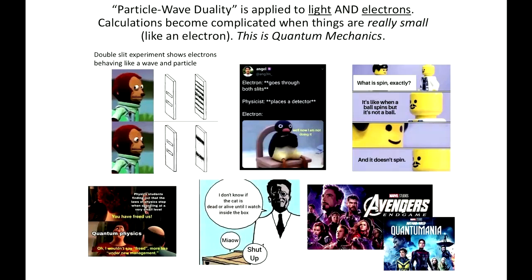Who watched that movie, the Ant-Man thing? Maybe, okay, not a lot, weird, all right. The whole premise of that movie is that when you get small, like an ant, when you go into the quantum realm, stuff gets weird. That's the whole premise of it, including time. And so that's what we're going to talk about in this chapter. Stuff gets weird when things are small, like electrons.